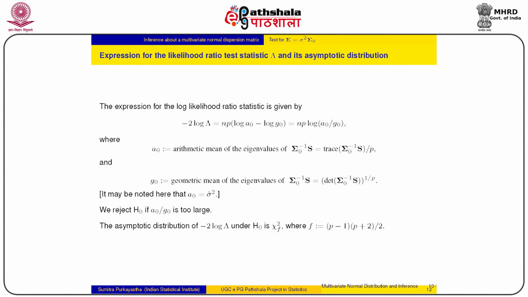But if the ratio of A naught and G naught is too large, we reject H naught, because to reject H naught we must have minus 2 log lambda large, and that is a strictly increasing function of A naught by G naught. So we should demand that A naught by G naught be sufficiently large.